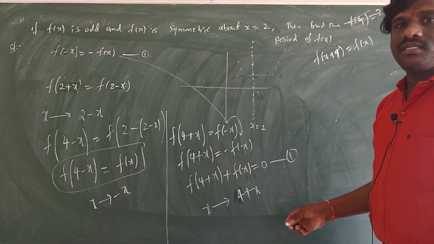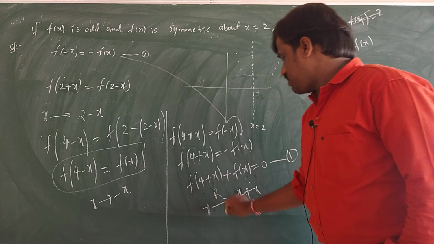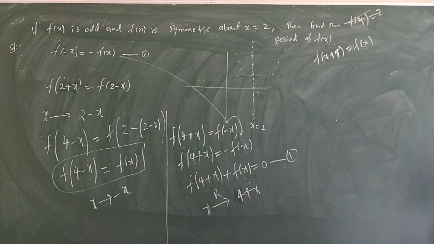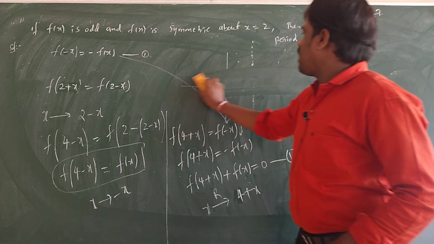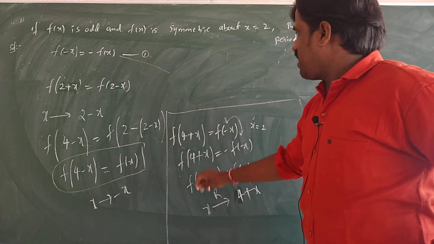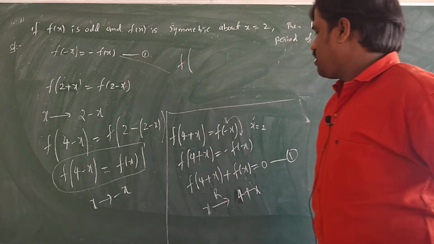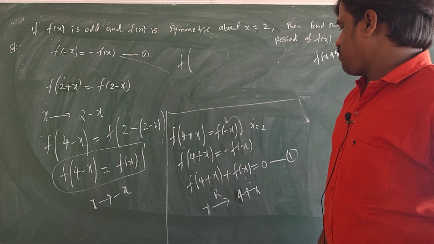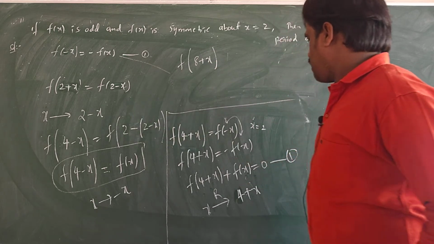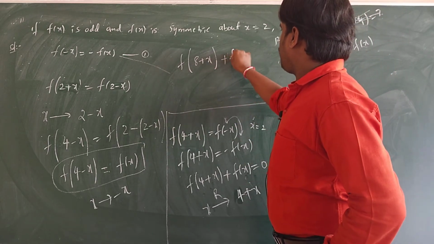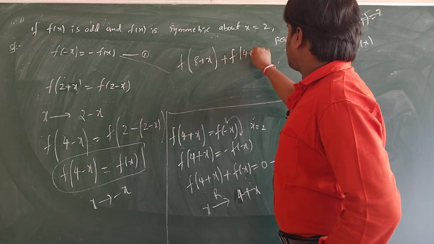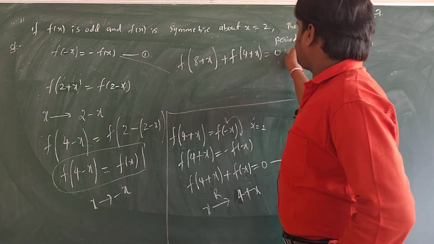So I am going to replace it. Okay, replace. So if I replace, what am I going to get? I will write here: f of 4 plus 4 plus x, that is 8 plus x, plus f of 4 plus x is equal to 0.